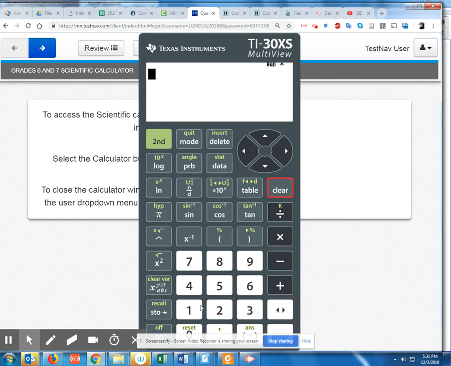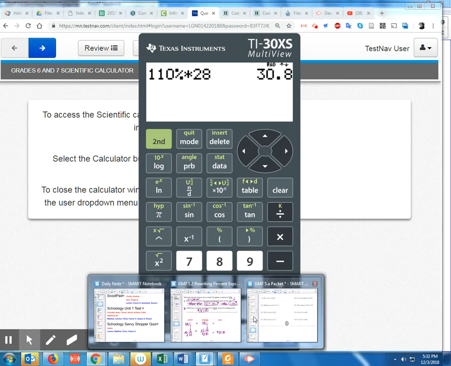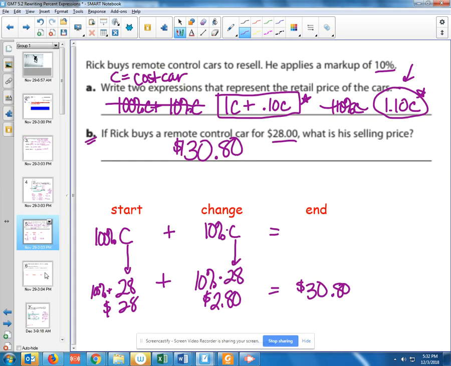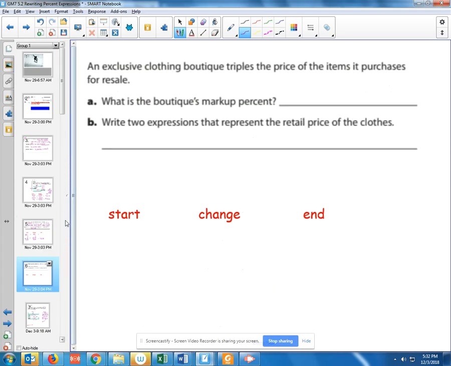So let me show you what that looks like. 110% times $28. It actually is going to figure out that $2.80 and automatically add it in there to get $30.80. Well, hot diggity dog, huh? There you go. We are going to use the same idea with markdowns, okay?